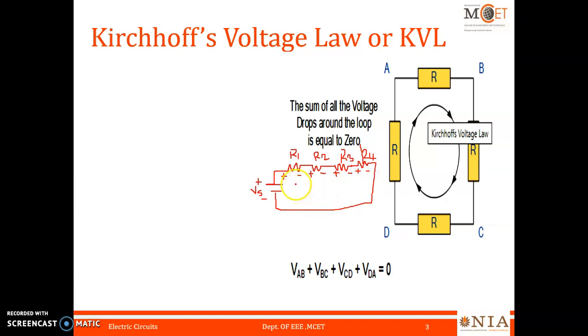Now I am assuming the current direction is clockwise, that is I. When the conduction path in the circuit goes from negative polarity to positive polarity, that means from lowest potential to highest potential, it is said to be the voltage rise or potential rise.